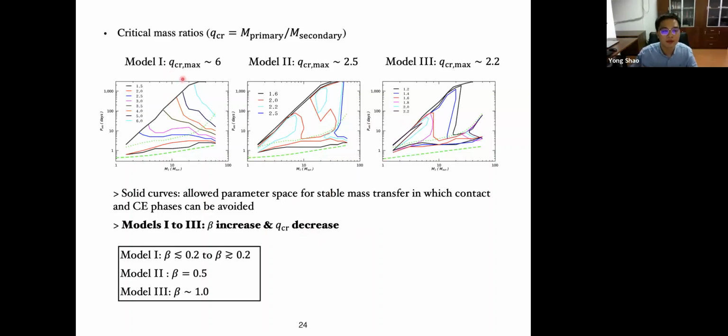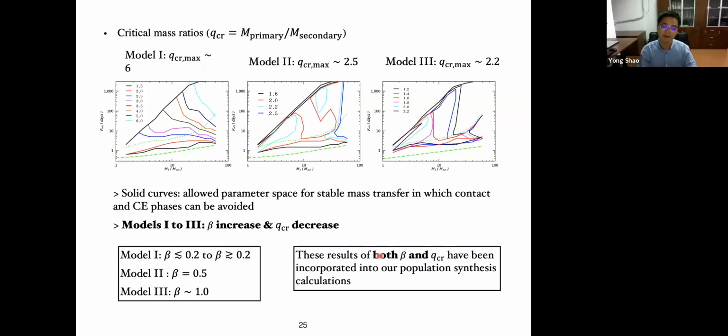And the maximal critical mass ratio in model 1 is about 6, and it will drop to about 2.2 in model 3. And in our calculations, we include the results of both the mass transfer efficiencies beta and the critical mass ratios q, and we have incorporated them into our population synthesis calculations.